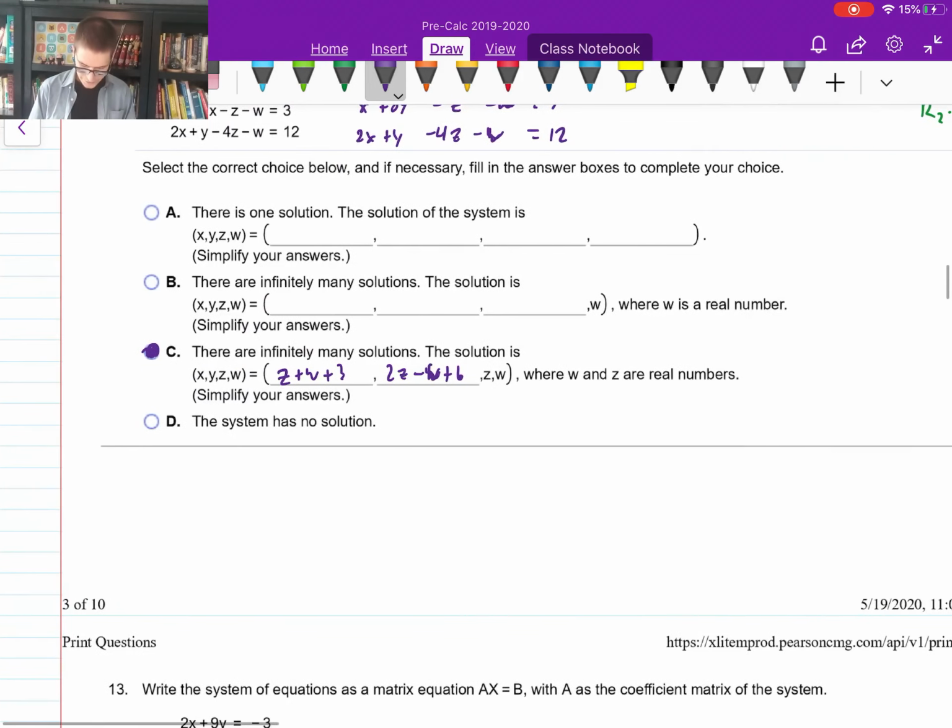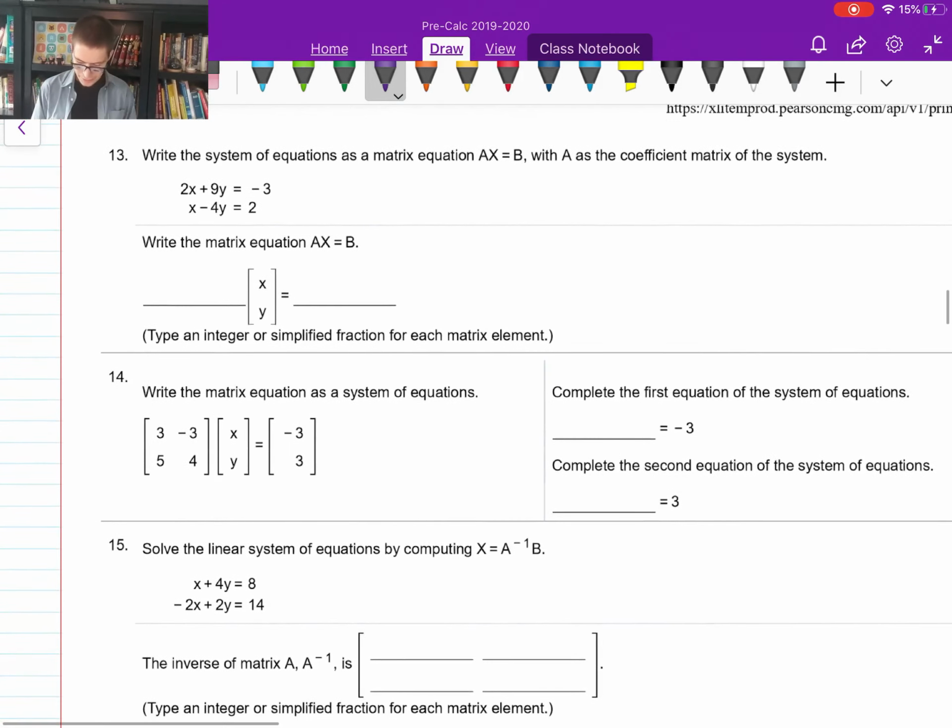All right, 13. Write the system of equations as a matrix equation AX equals B, with A as the coefficient matrix of the system. Okay, this sounds really complex, but it's not. You're just translating into matrix form.